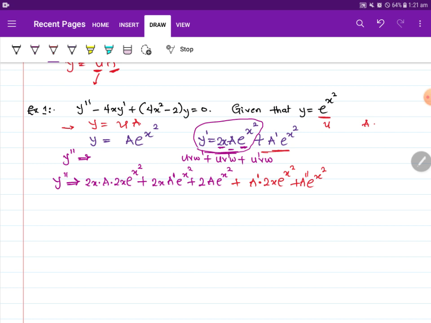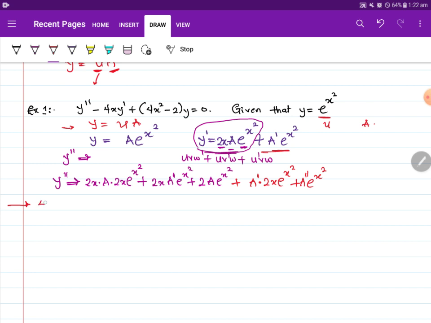So that's our second derivative. Now at this point, I have my y, I have my y', I have my y''. I can substitute into the question. So putting it into the question, y'' first, which is the same thing as everything that is there. Now let's write it out.